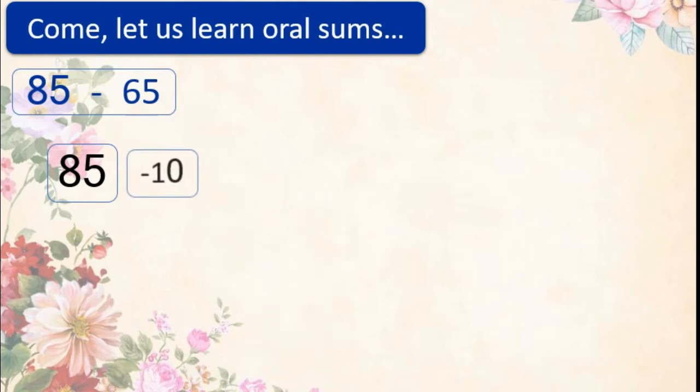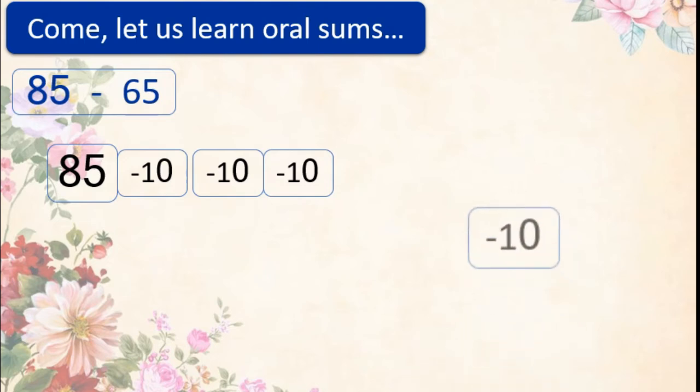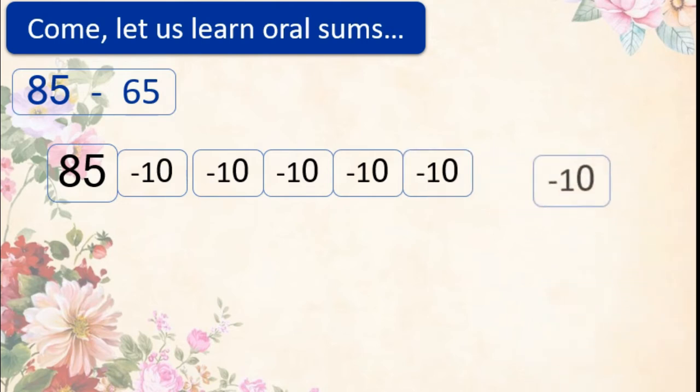Minus 10, minus 10, minus 10, minus 10, that is 4 times over, minus 10 the 5th time, and the 6th time minus 10. One time we will write minus 5.